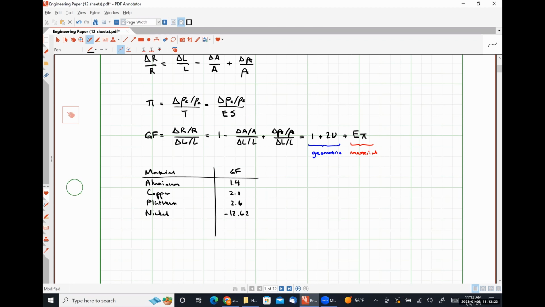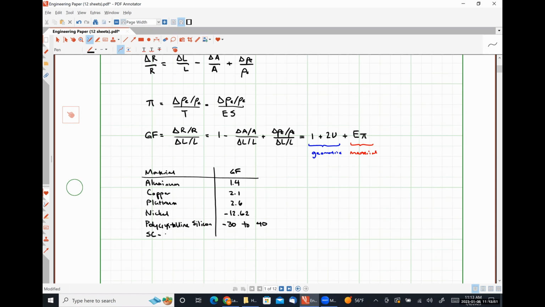Well, for micromechanical systems where we use polycrystalline silicon or single crystalline silicon, what we're going to see is that for polycrystalline silicon, our gauge factor is going to range from negative 30 to positive 40.